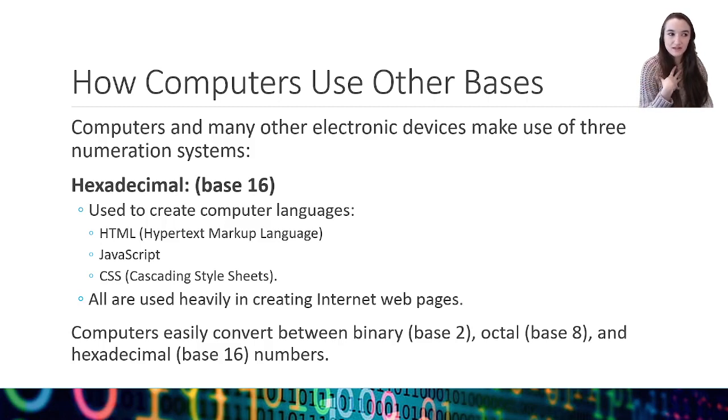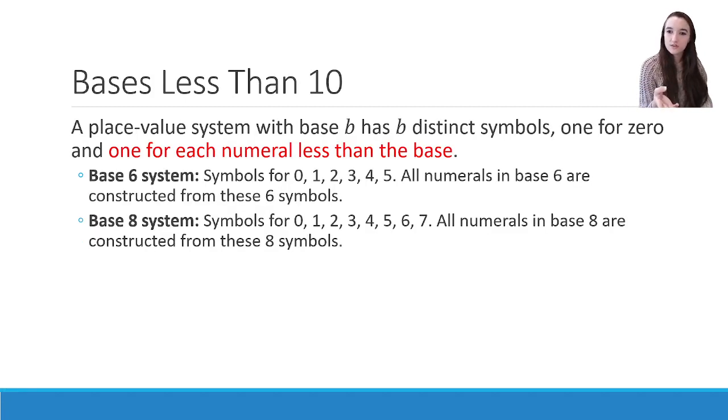But can we do that? Well, let's first start with bases less than 10. A place value system with base B has B distinct symbols: one for 0, and one for each numeral less than the base. Remember, in our system, base 10, we have 0, 1, 2, 3, 4, 5, 6, 7, 8, and 9.